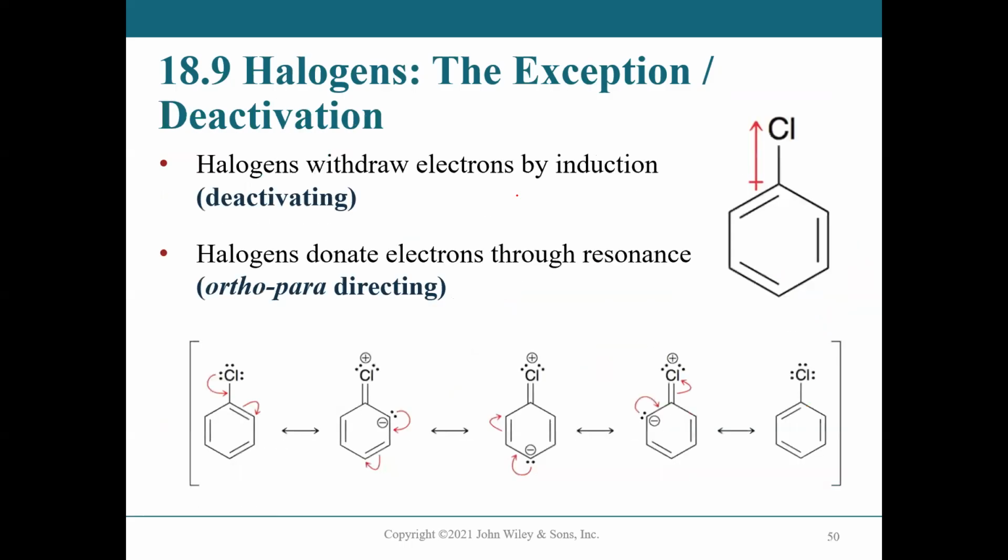And I talk about halogens on the next slide. So halogens withdraw electrons by induction. Halogens also donate electrons through resonance, ortho-para directing. So you can see an example of that right there.